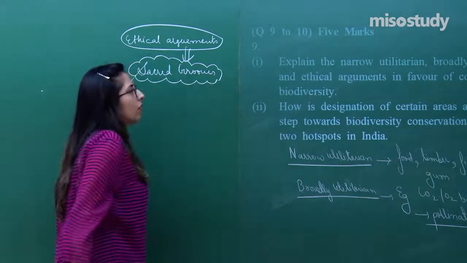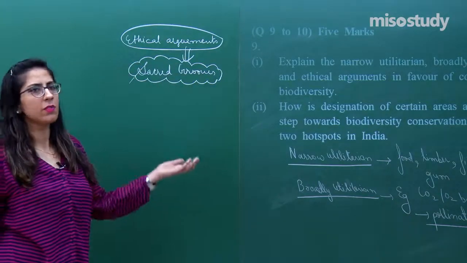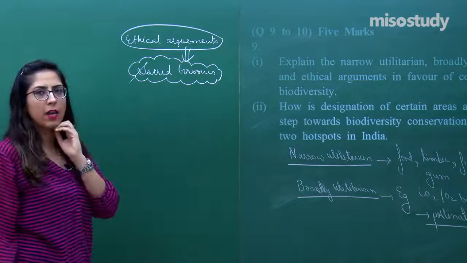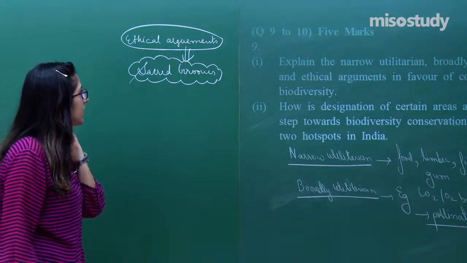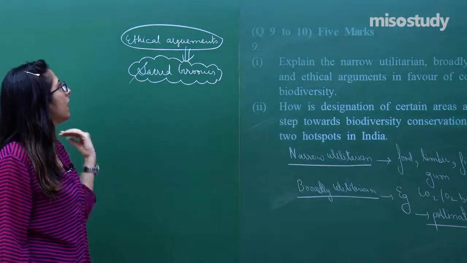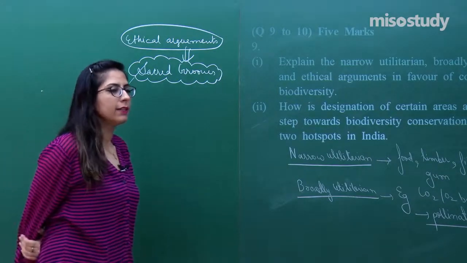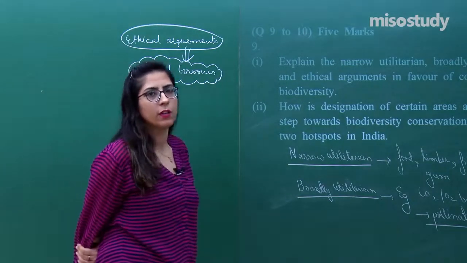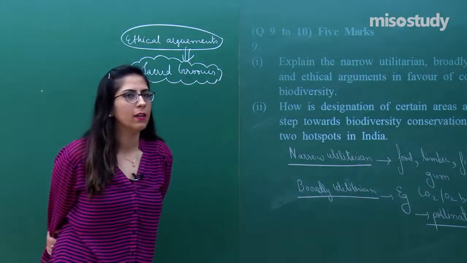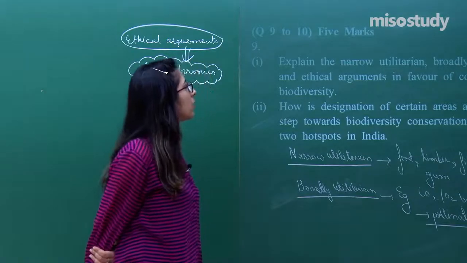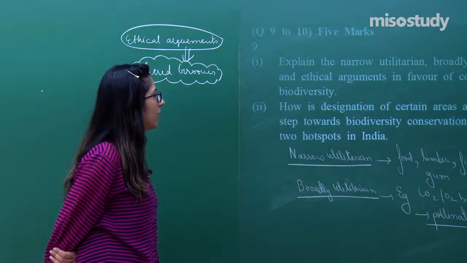You can take an example of Aravali Hills, or any other examples. Some rivers and ponds are also considered sacred. So this is called ethical arguments. In this case, you can also take some kept for pleasure, such as gardens. Even that acts as a source for conservation of biodiversity.